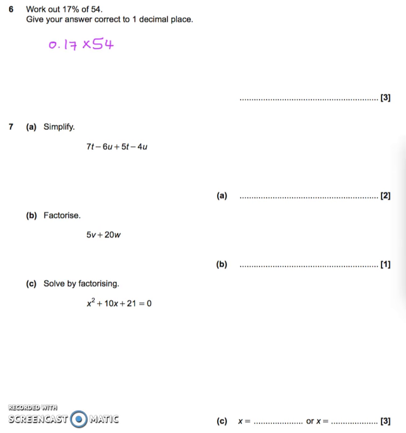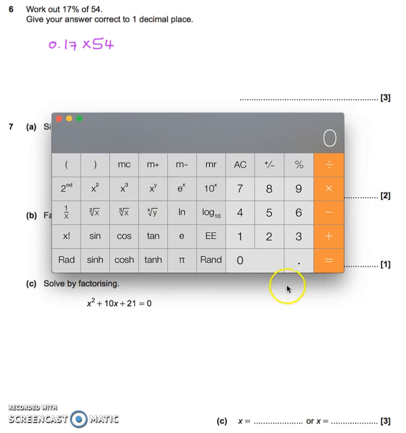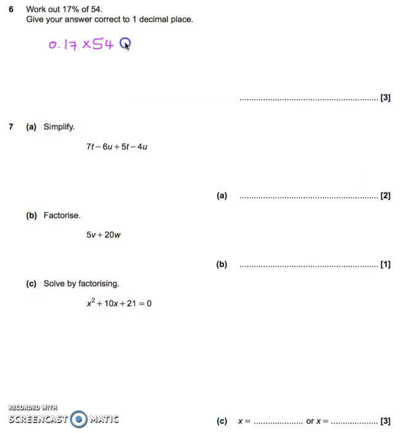And if we get our calculator up and drag that in, we've got 0.17 multiplied by 54 equals 9.18. So you write that down, equals 9.18.